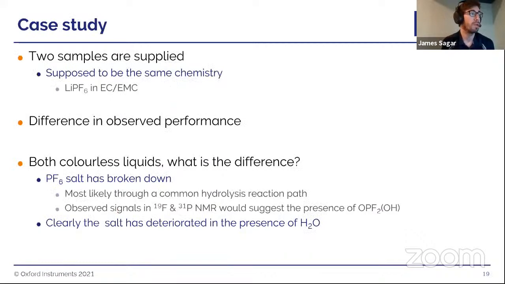So we know that the PF6 salt has broken down, most likely through a common hydrolysis reaction path. And we can observe signals in not just the fluorine, but the phosphorus NMR as well. And that would suggest the presence of a phosphodifluoric acid.